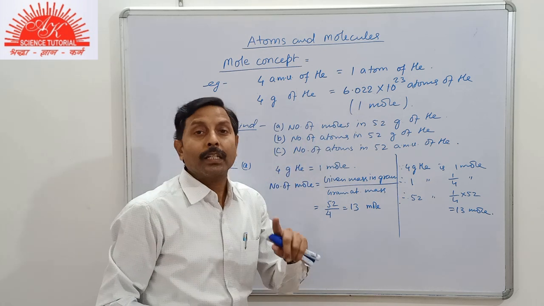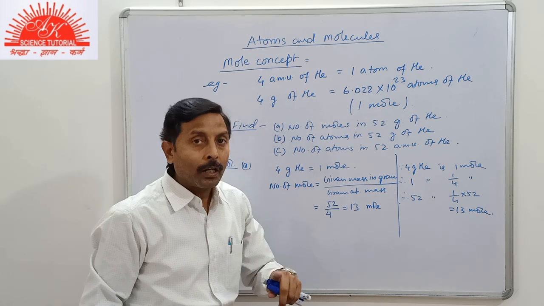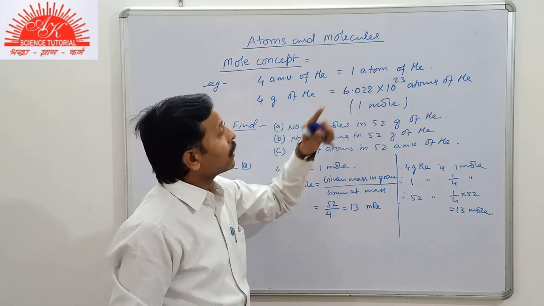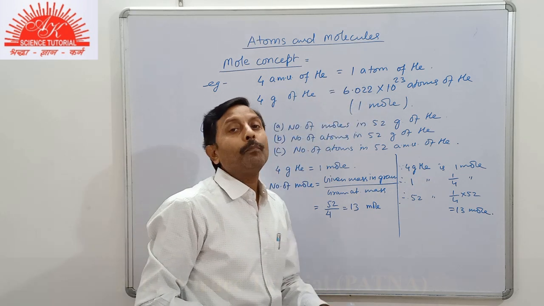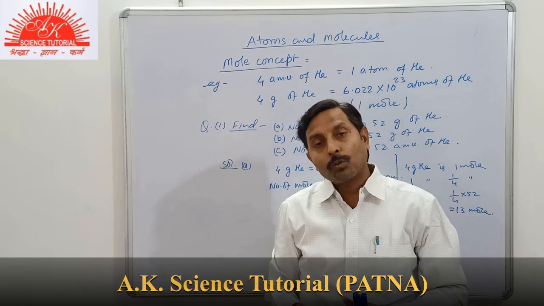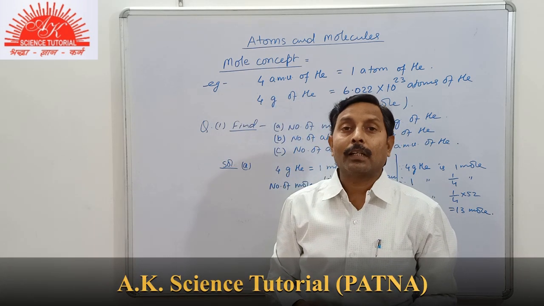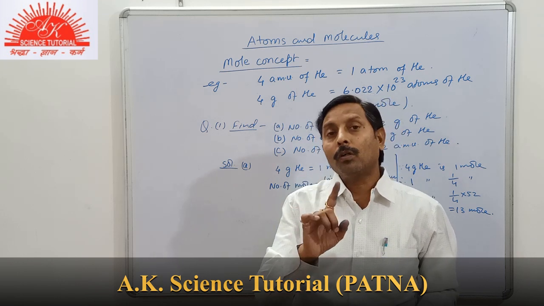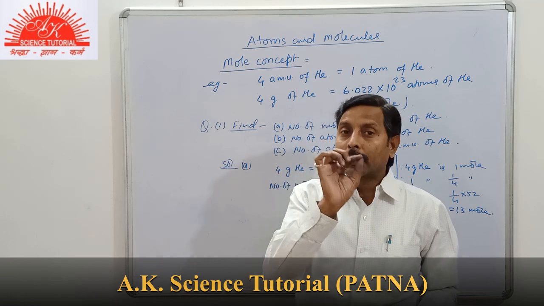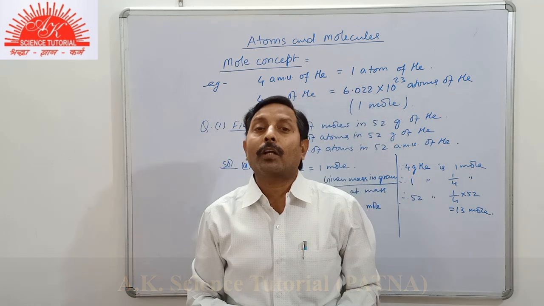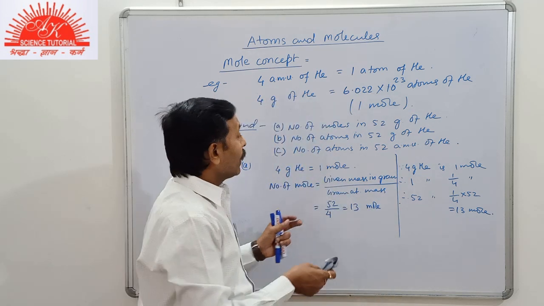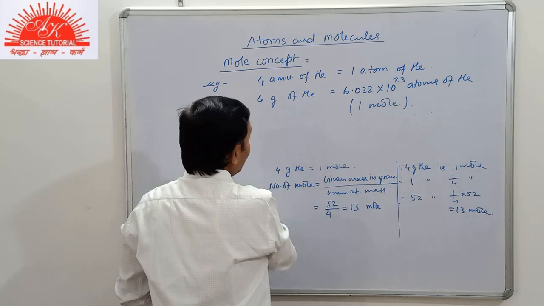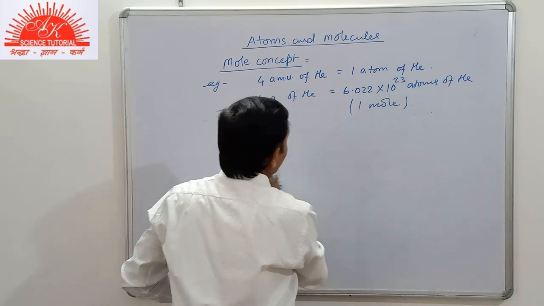Now we can compare it in 2 ways. One, gram atomic mass of substance is equal to this much number of atoms. So we can find it out in 52 gram, first thing. Second, since we have calculated the number of moles, and as we know 1 mole is equal to 6.022 into 10 power 23 atoms, that number, meaning Avogadro number, will be multiplied by 13.